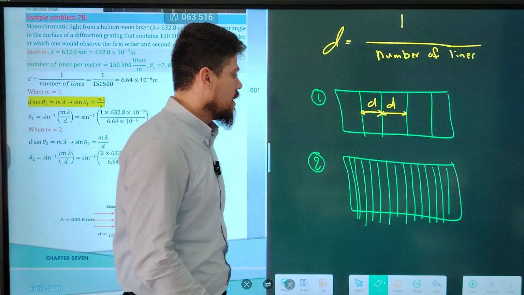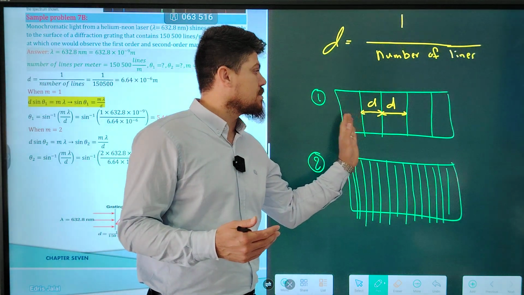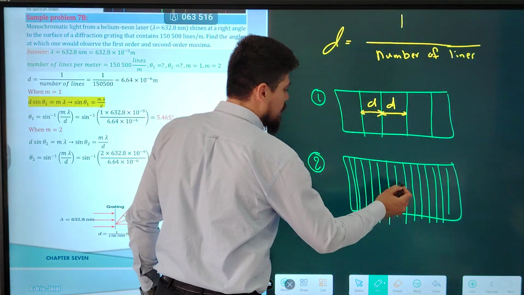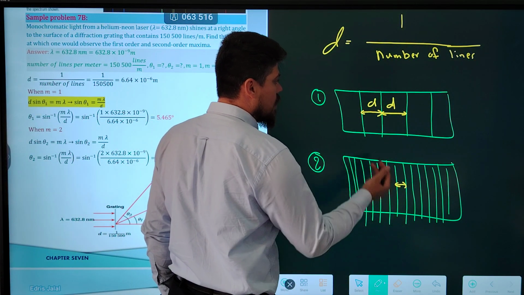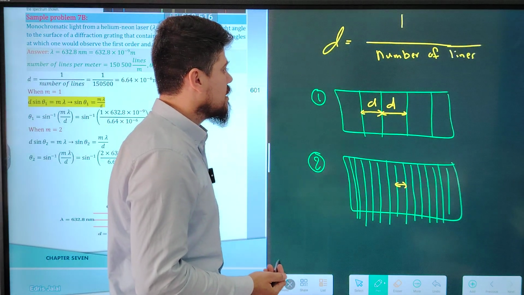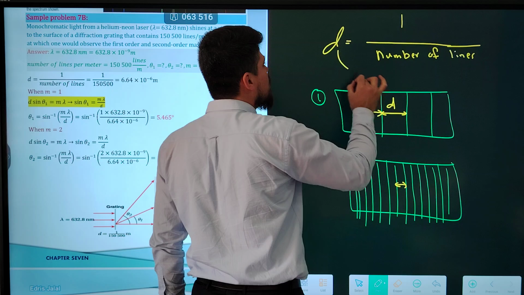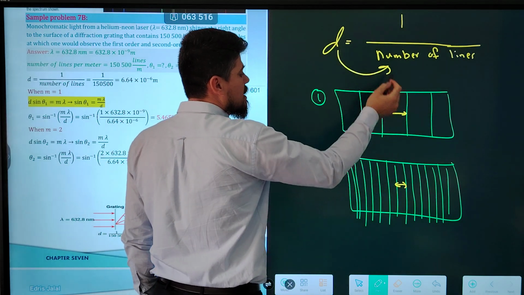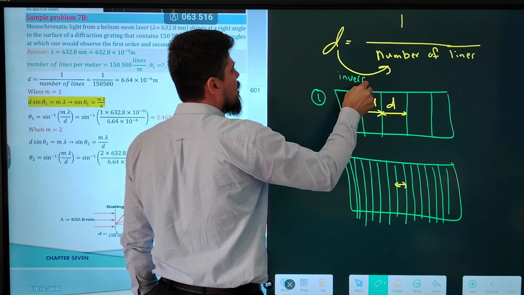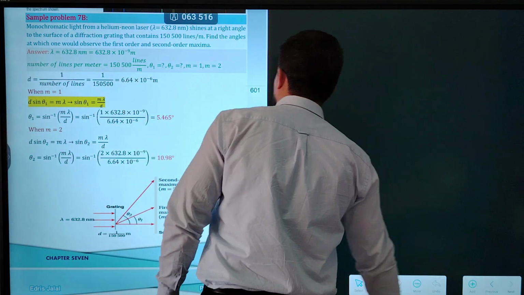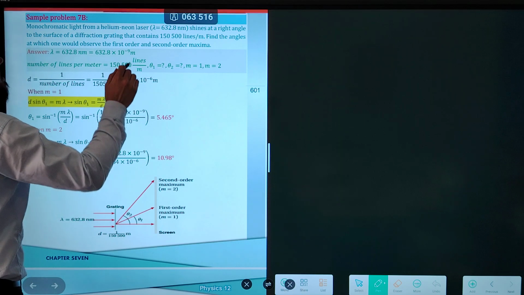Absolutely the second one. But which one has more distance between the two slits? Absolutely the first one. The distance between the slits in the second grating is very small, while the distance between the slits in the first grating is large. So the relation between the distance between the slits and the number of slits is inversely proportional.